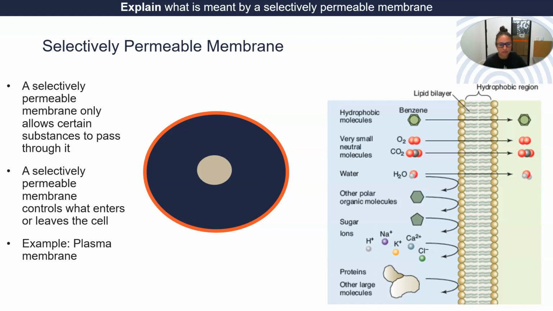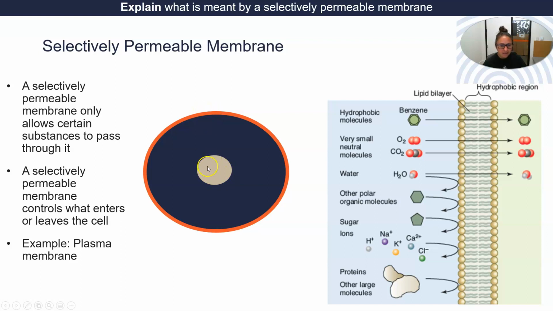So let's have a look and just remind ourselves what the plasma membrane was. Here is our cell. This is outside of the cell. This is inside of the cell. And the plasma membrane is the barrier. So it's this orange part here.